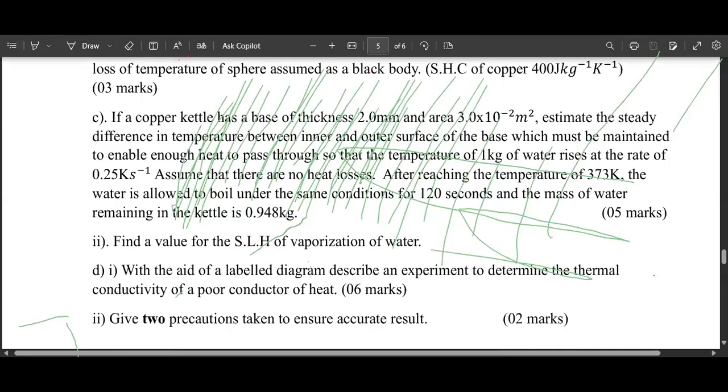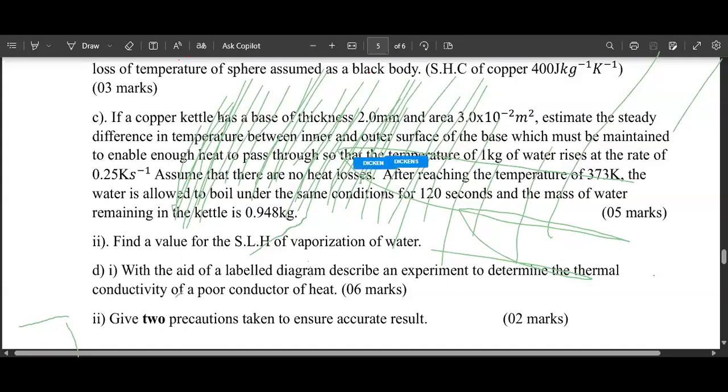And they want us to come up with delta theta, which for this case is the difference in temperature between the outer and the inner surface of the kettle. So we come and substitute in here.